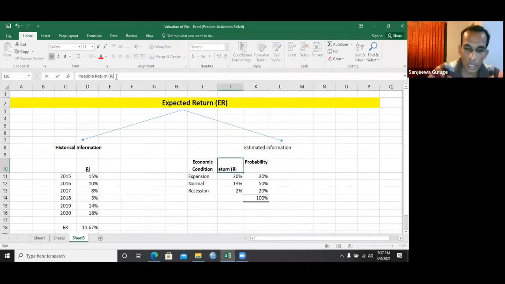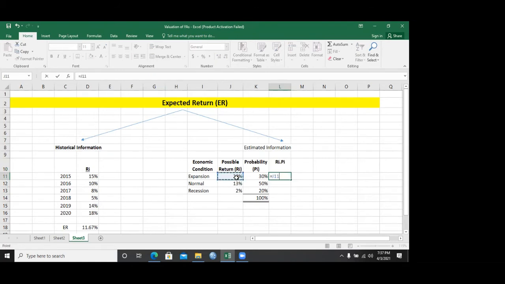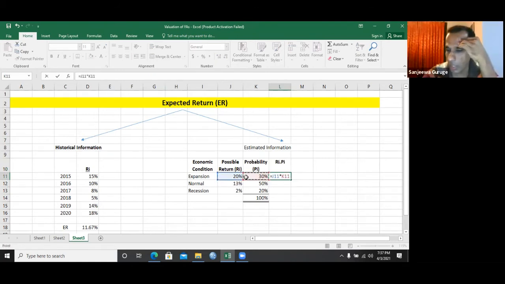Suppose this is Ri, and the probability of getting that return is Pi. So the possible return should be multiplied by the probability of getting that return. That's easy.